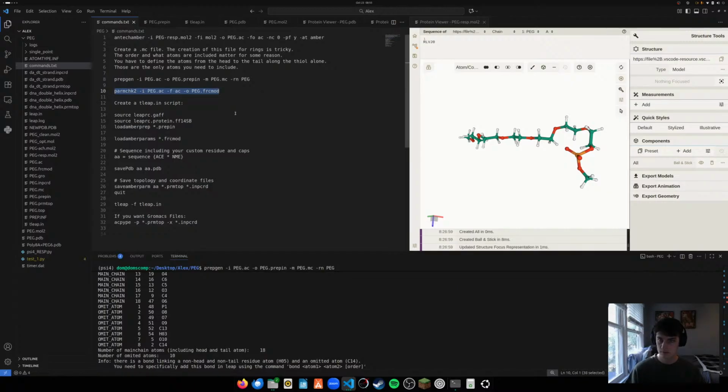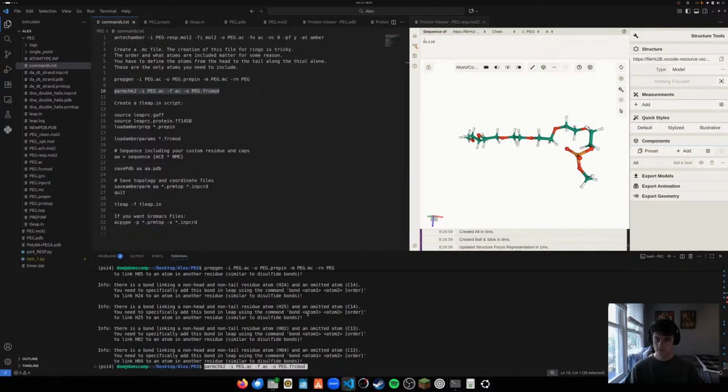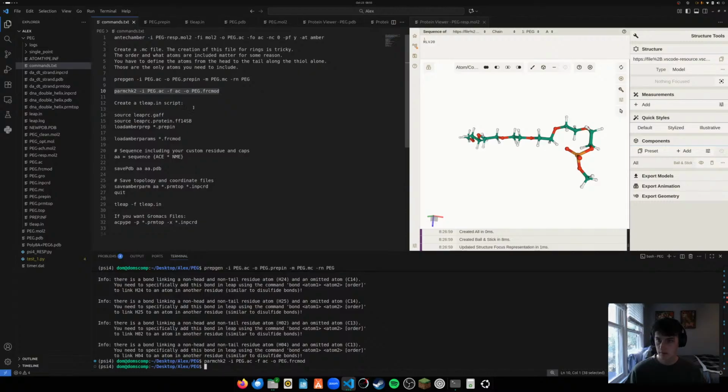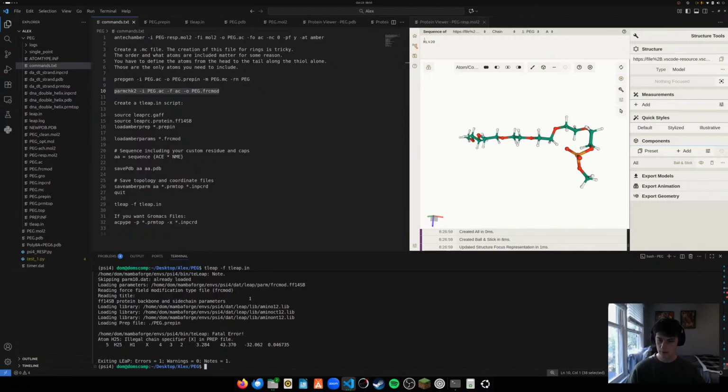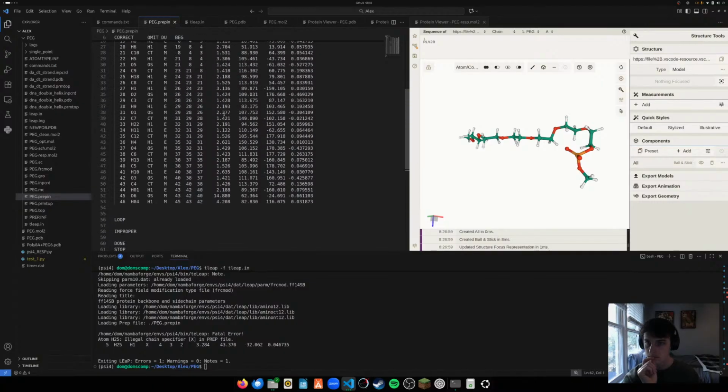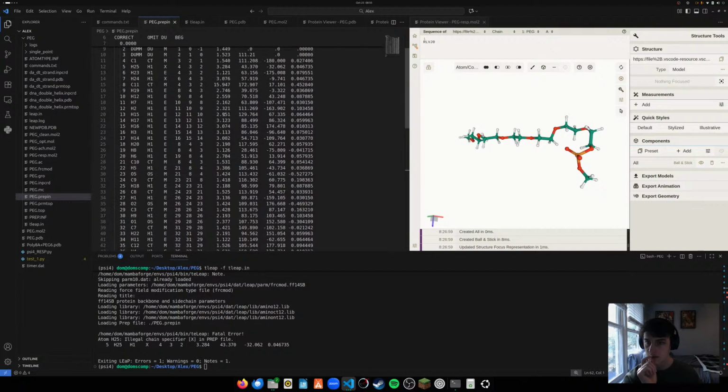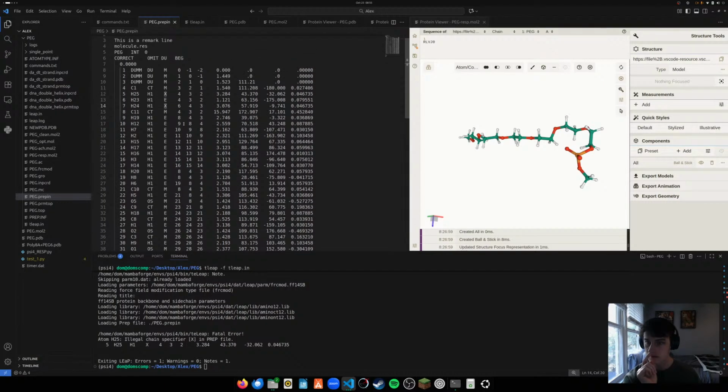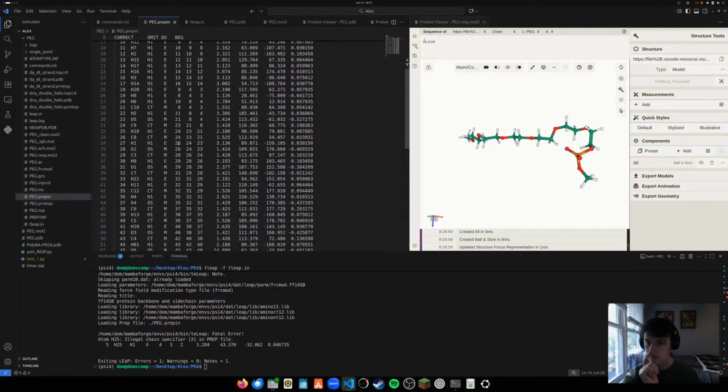Do this. And then we can do the tleap. One error. Illegal chain identifier. I thought I fixed the chain identifiers. This. What?